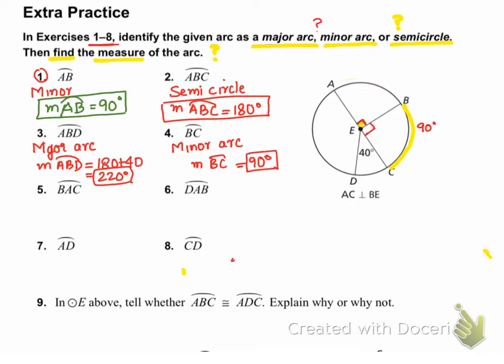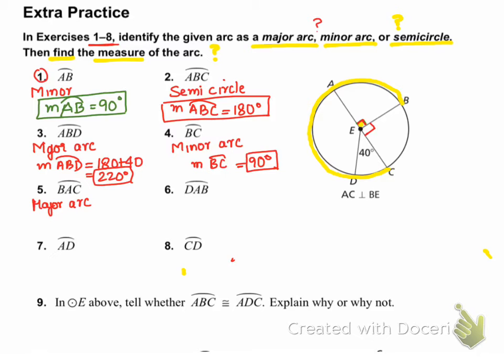All right, so let's move to the next one. I'm just going to remove this part, and next we have to find arc BAC. BAC goes from B through A to C, this whole thing. So this is a major arc, and we have to find the measurement.